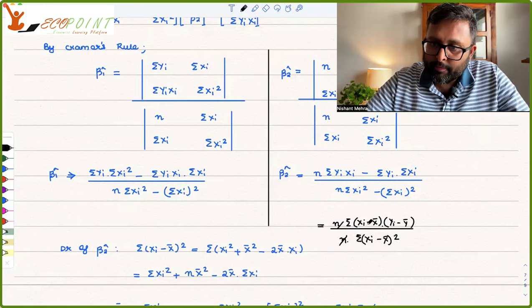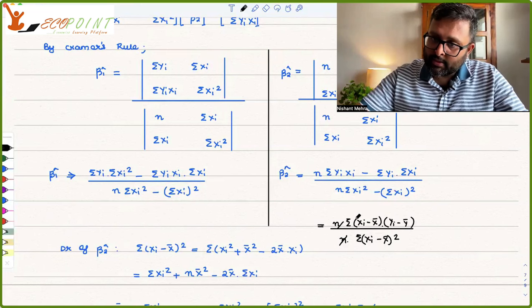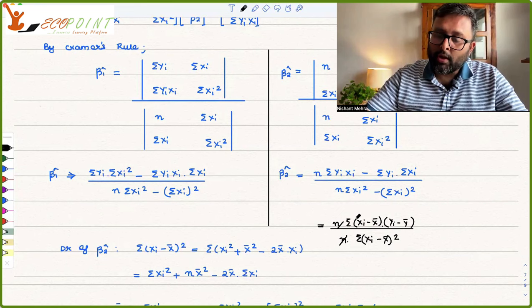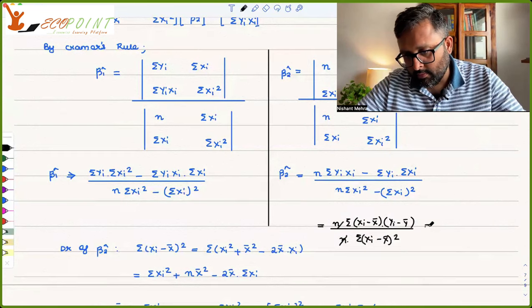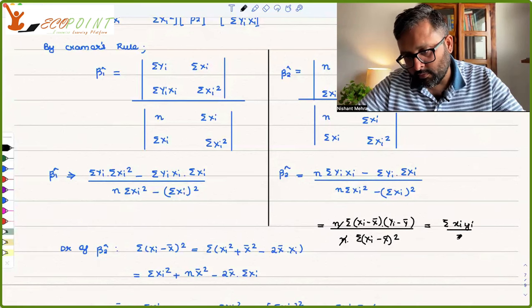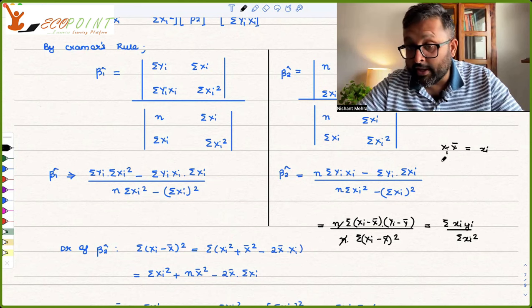And what are these? These are deviations from mean. Xi minus x bar is the deviation of x from the mean of x. Yi minus y bar is the deviation of y from the mean of y. So I will write them as lowercase letters. Make this clear: xi minus x bar is small xi, deviation from mean.